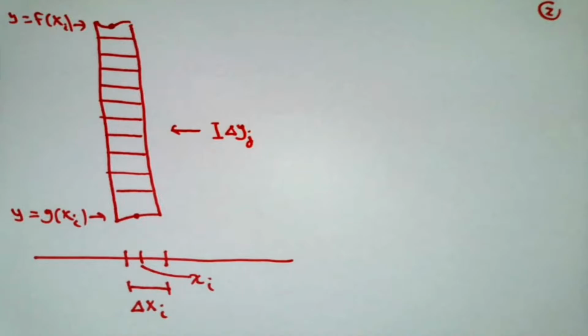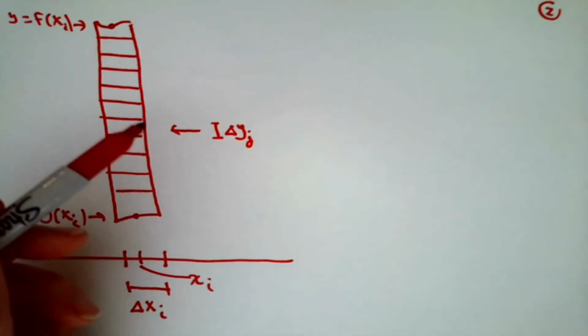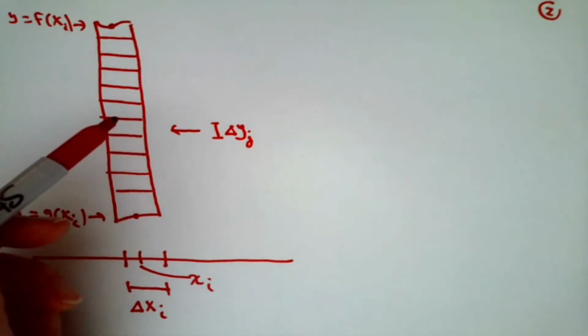I'm going to call the vertical height of the one piece that I'm going to look at delta y number j. I'm going to make this piece very small so that I can more or less identify its location with a single y number in the vertical direction, but obviously a y number that would be good here is not a y number that would be good here.